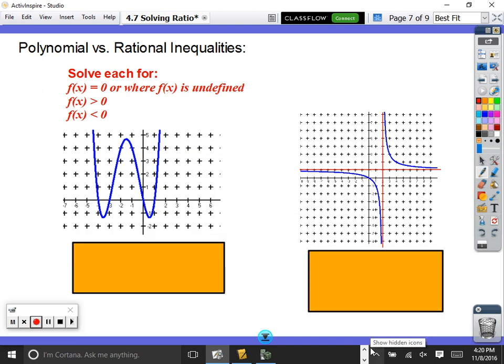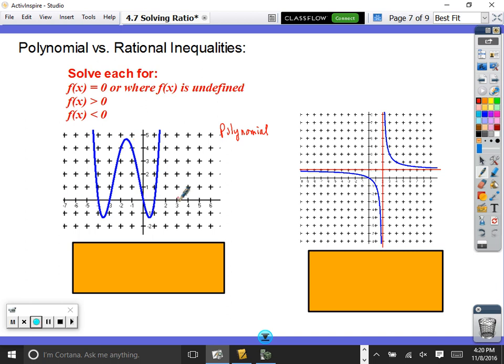If on this first one I have this graph, is it a polynomial graph or a rational graph? Polynomial, since there are 1, 2, 3 turning points. So if it's polynomial, we can just look at the graph and say, where does it equal 0?